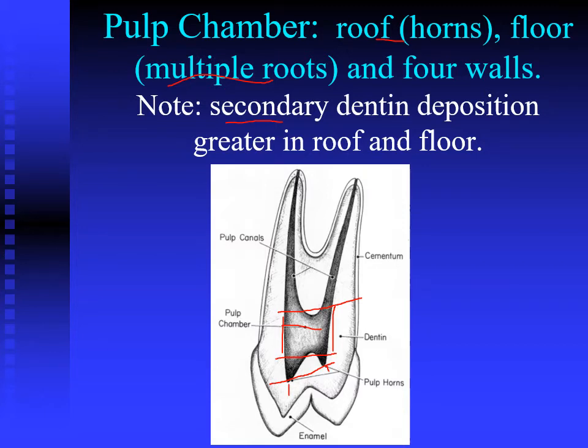And the walls, where we are doing root surface caries and those types of things, actually do not lose that much space. So we would expect that there would be more secondary dentin in the roof and the floor than in the walls of the tooth. So the pulp chamber would still be fairly wide in your proximal or axial dimensions.